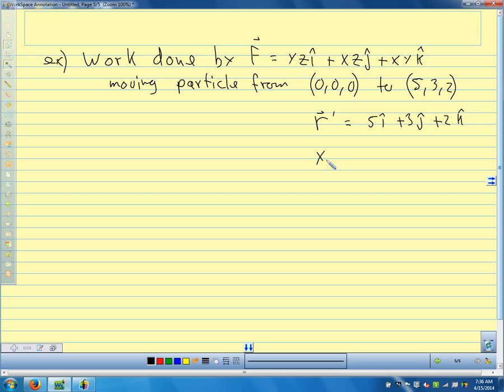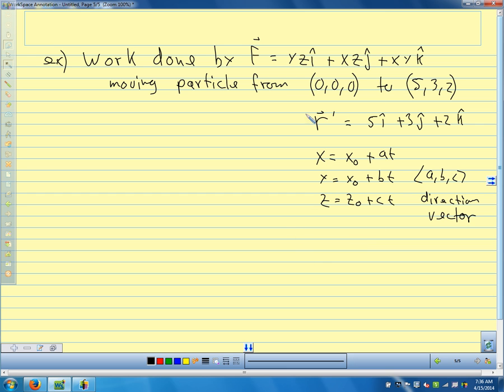x equals x0 plus at, y equals y0 plus bt, and z equals z0 plus ct, where a, b, c is the direction vector. So those are our parametric equations of our line.